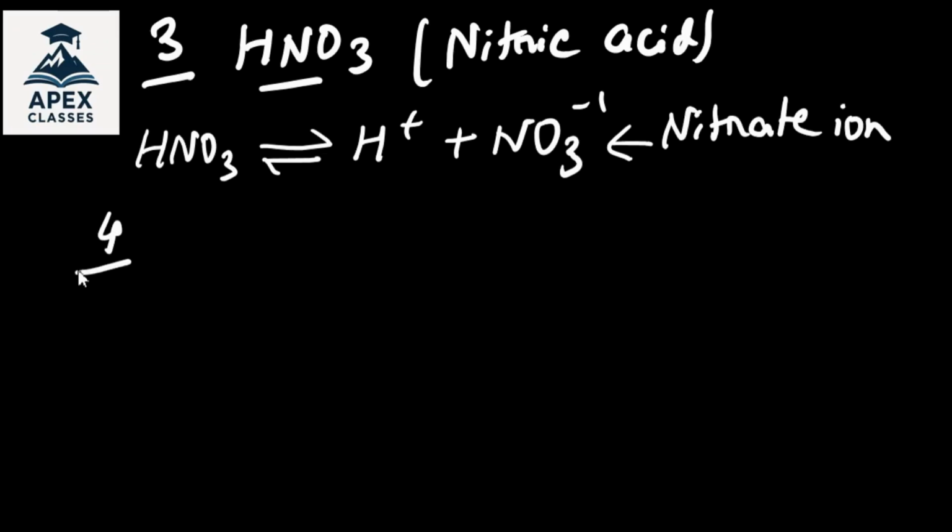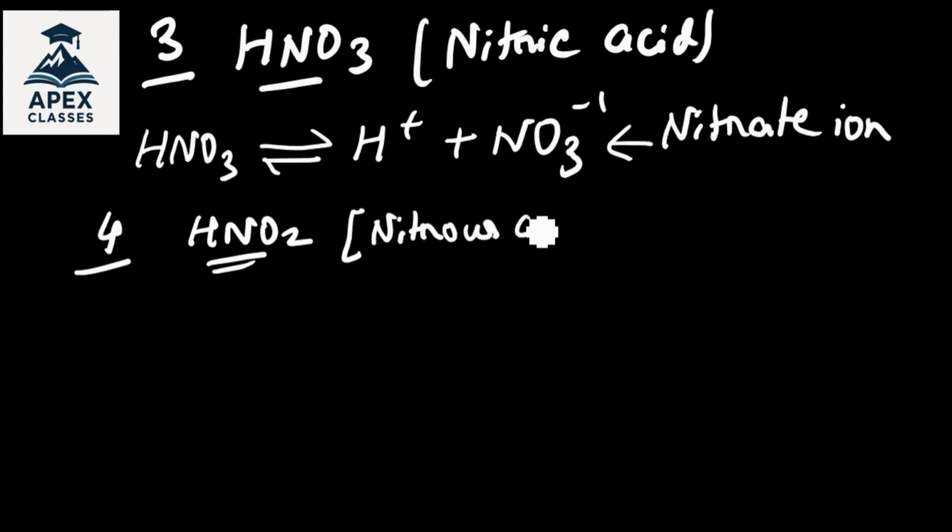Then moving to our next acid, HNO2, most common acid used in organic chemistry. Class 12 students, I hope you are getting me. Correct? The very common use of this HNO2 is in the formation of diazonium salt, benzene plus this.